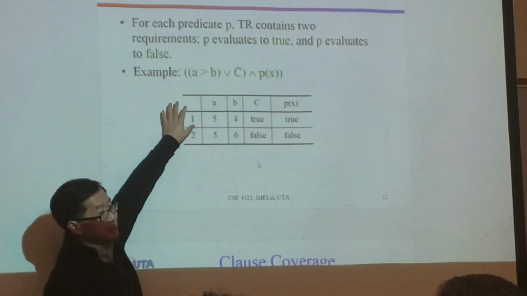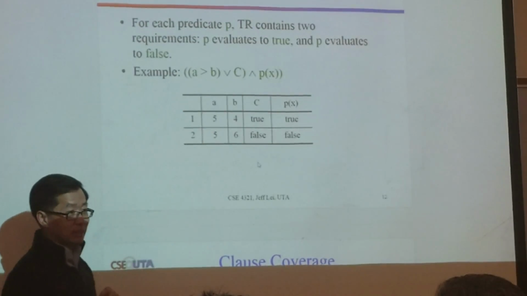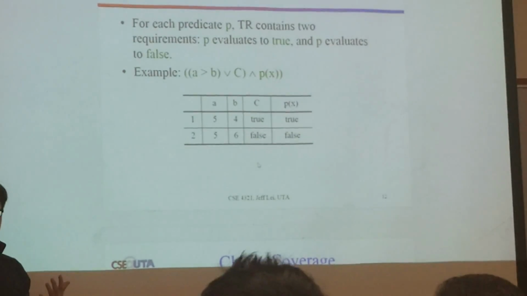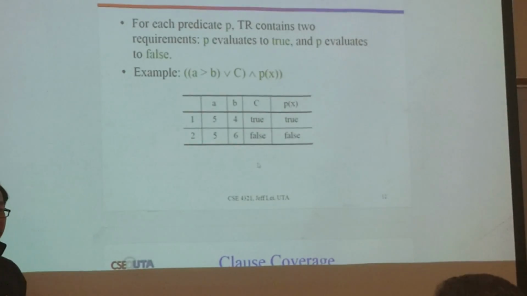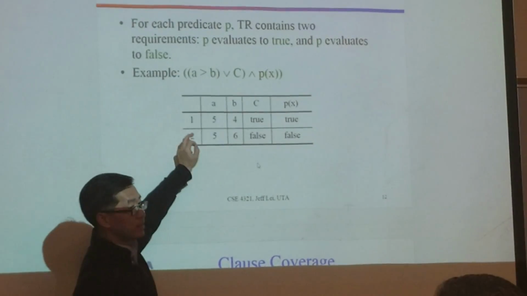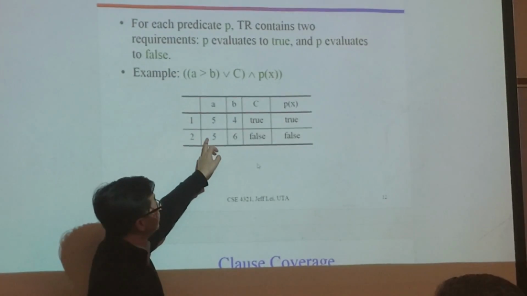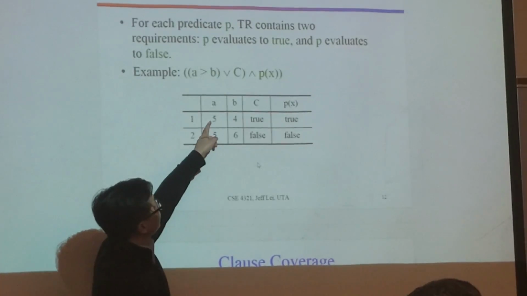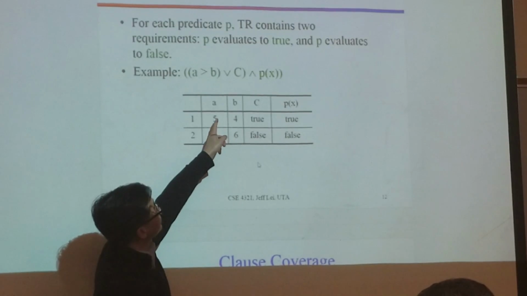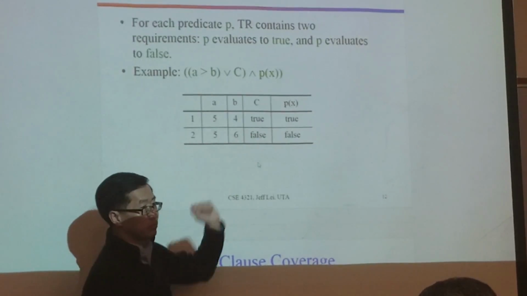So look at this example. Say this is the conditional expression that we want to test. If I want to achieve predicate coverage, I can use these two test cases. If I give 5 to A, 4 to B, true to C, and true to Px.